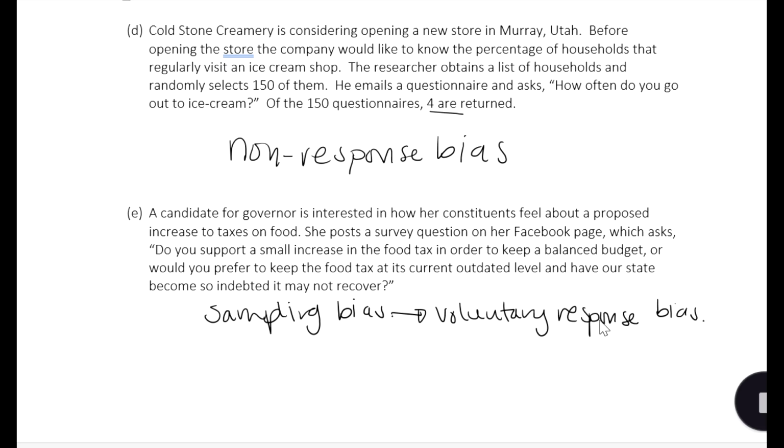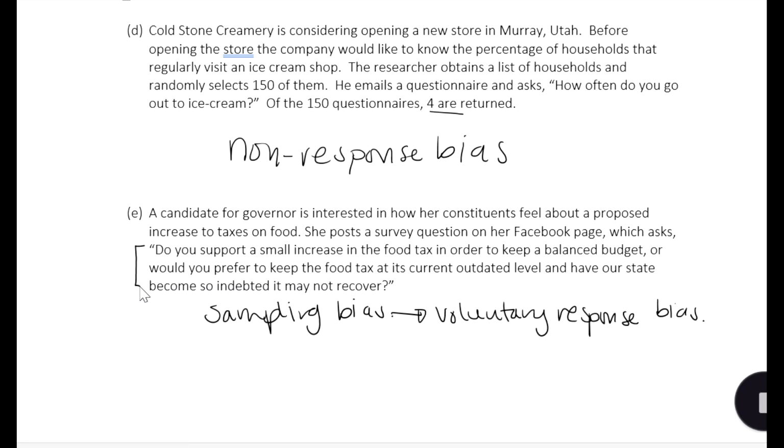Okay. However, this situation has more than one bias, and that is very possible to have. So when you look at this question here, you want to say, okay, is this a loaded question? When you read it, do you know the answer that the governor wants you to say? Okay.